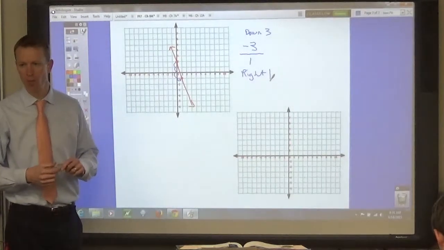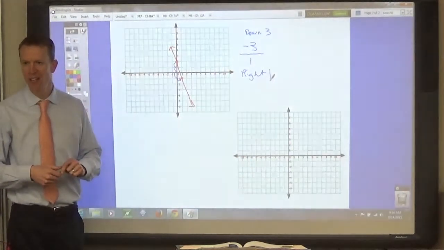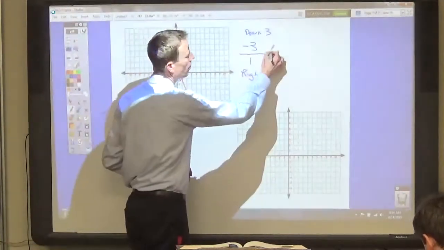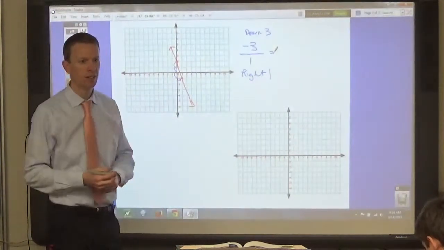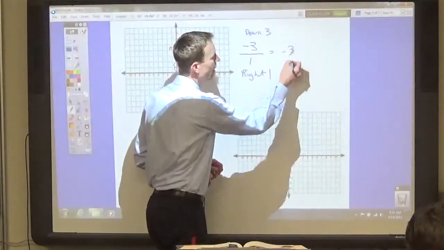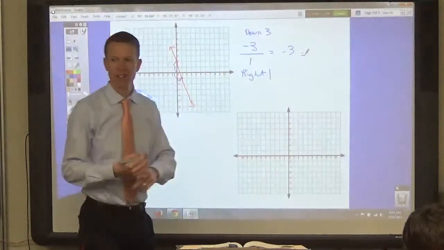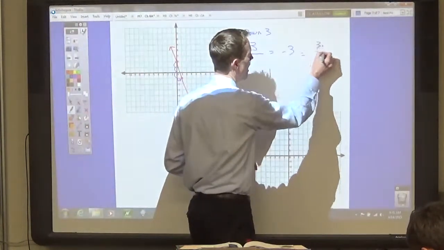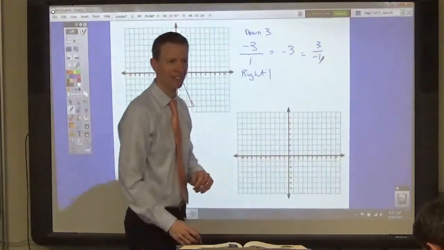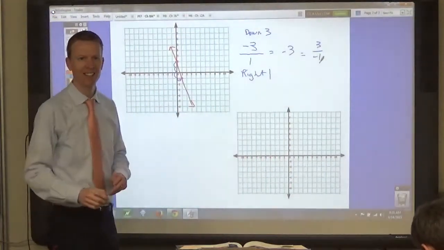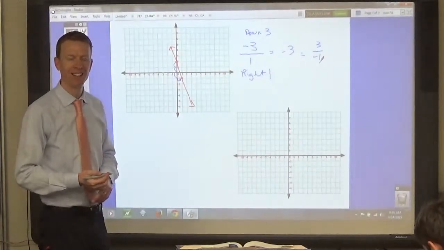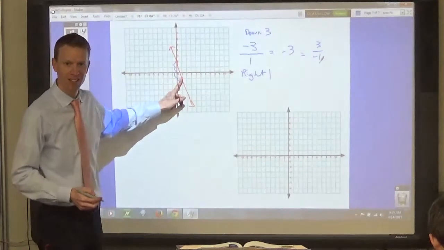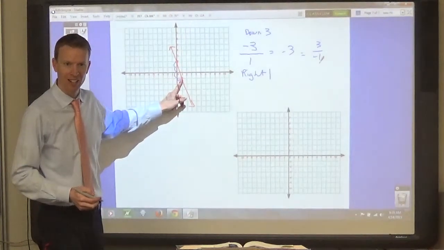What is the slope then, when you put it all together? How could we write the slope? John? We could write it as -3/1, or we could write it as just -3, or 3/-1. Is it like every 3 it goes down, it goes 1 to the right? Right, as it goes to the right, it goes down 3.